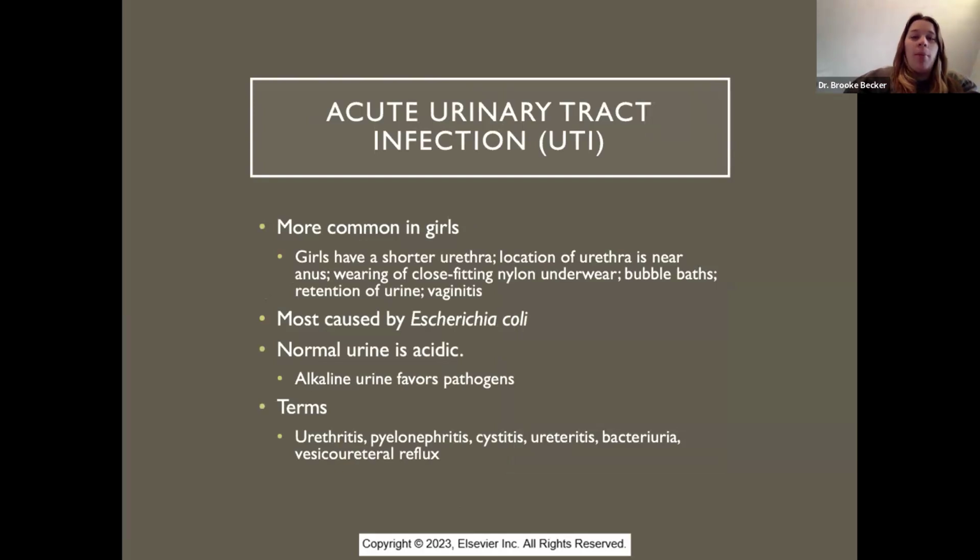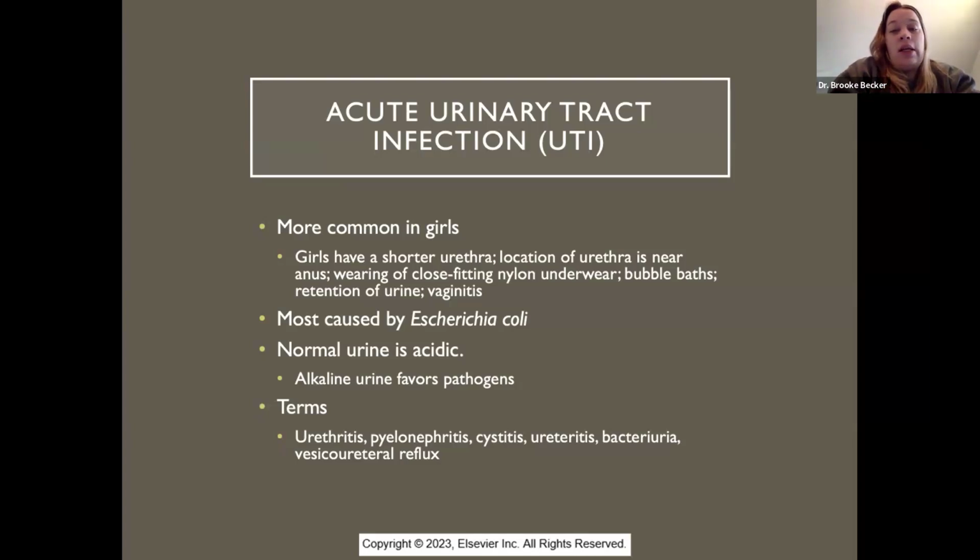UTI is more common in girls. They have shorter urethras, and the urethral opening is located near the anus, so if they wipe back to front instead of front to back, they can get a UTI, most commonly caused by E. coli.